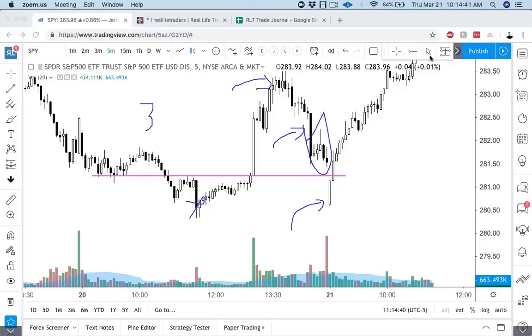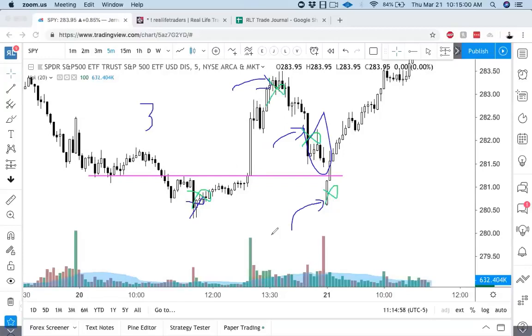When in reality, if you went bullish here, you made money. If you went bullish here, you lost money. If you went bullish here, you lost money. And if you went bullish here, you made money. So going bullish 4 times on SPY, you would have made 2 times as much money as trying to pick every single different direction.